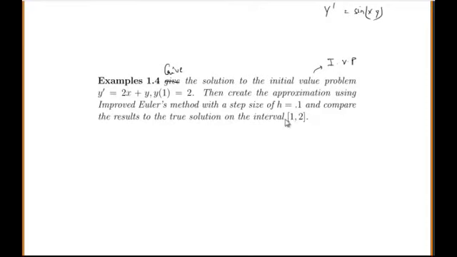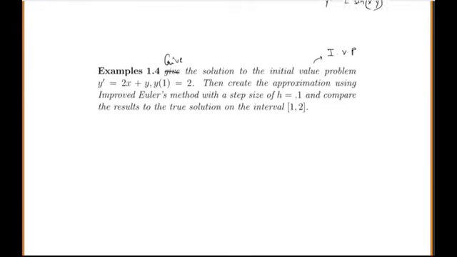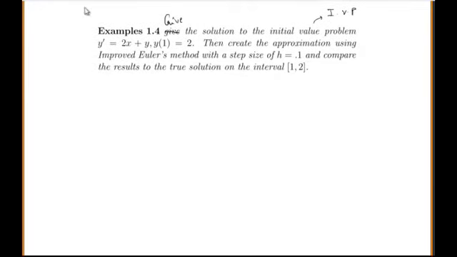So this is the interval over which we are finding the approximate solution. First of all, you have to form a table, so let me draw a little table here and then keep filling the values in that table.